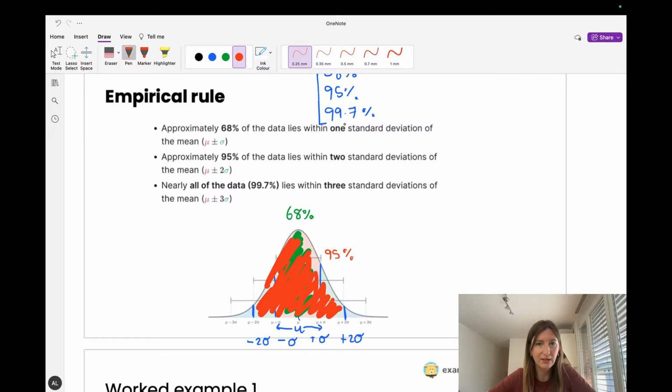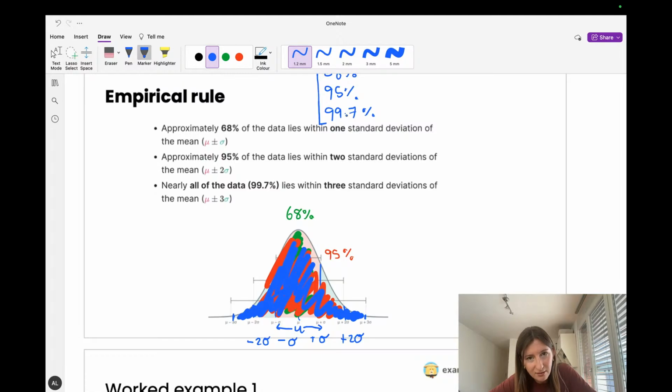And finally, 99.7% of the data is going to be 3 standard deviations, all the way to the ends there. So if we mark that, that's minus 3. It's going to be all of this. There is still a missing 0.3 over there and over there, split between the two. So it's almost everything, which makes sense.